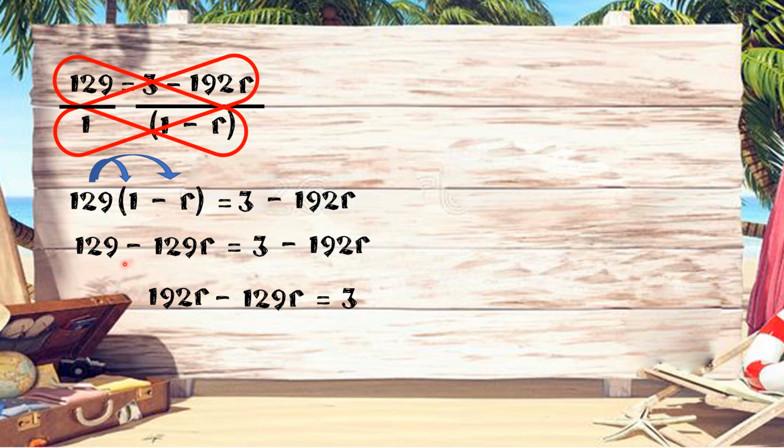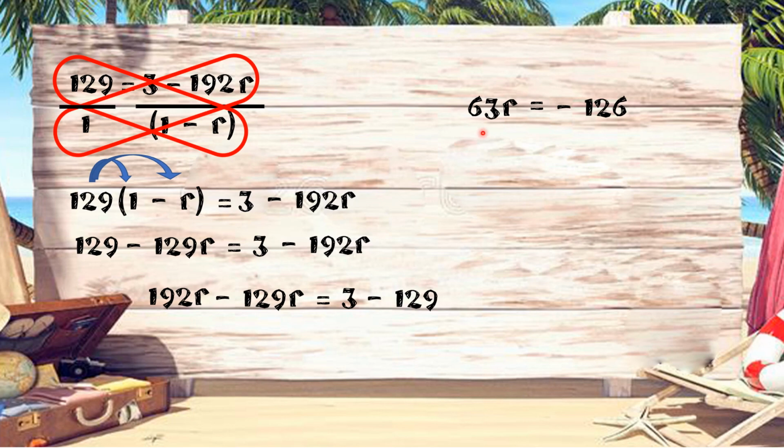And we will transpose 129 to the right of the equation, so we have negative 129. Simplifying both, we have 192r minus 129r equals 63r. And 3 minus 129 is negative 126.